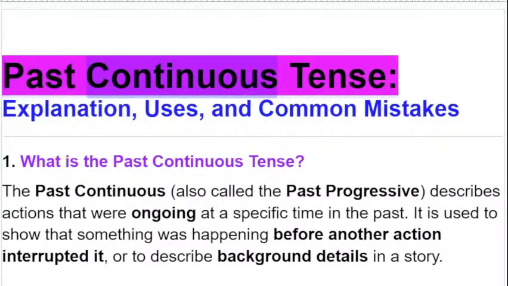Past continuous tense. Explanation, uses, and common mistakes. 1. What is the past continuous tense? The past continuous, also called the past progressive, describes actions that were ongoing at a specific time in the past.